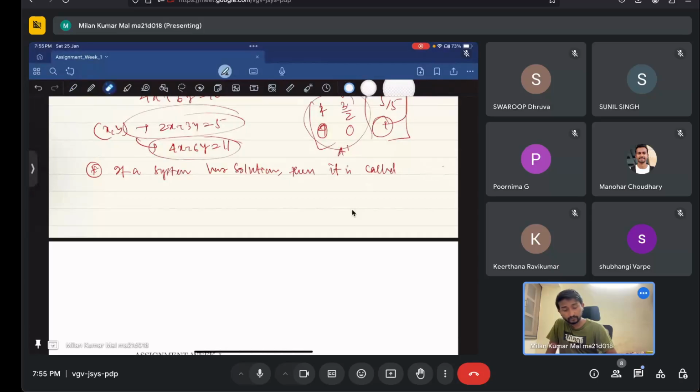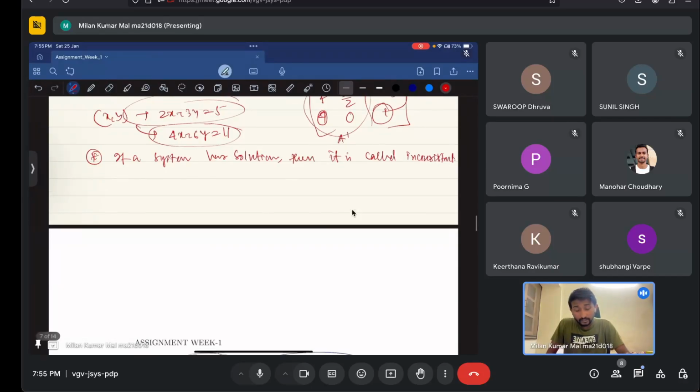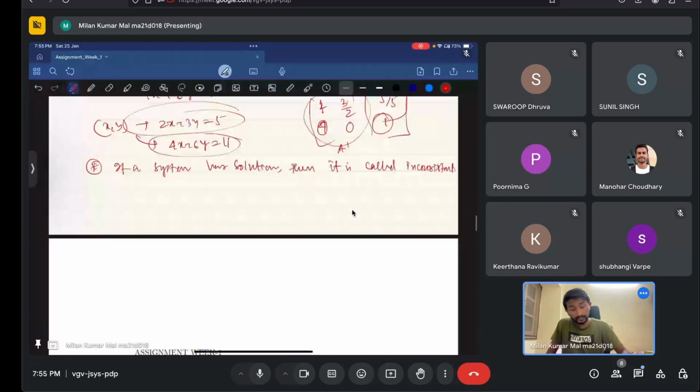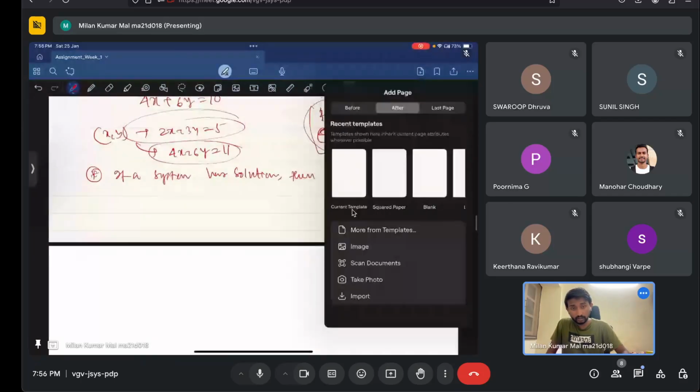So this is what the system of linear equations and row reduced echelon form is about. Now I'll take 7 to 8 minutes in total from now.